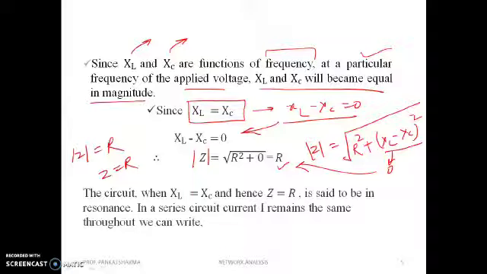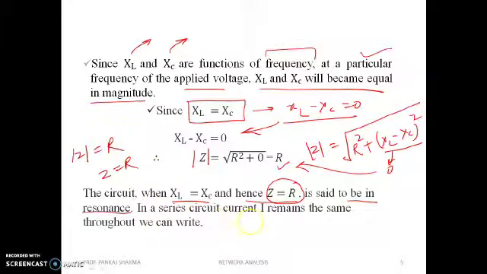At this point of frequency, when they are equal, the circuit behaves purely resistive. The circuit where XL is equal to XC and Z is equal to R is said to be in resonance. This is the condition of resonance.